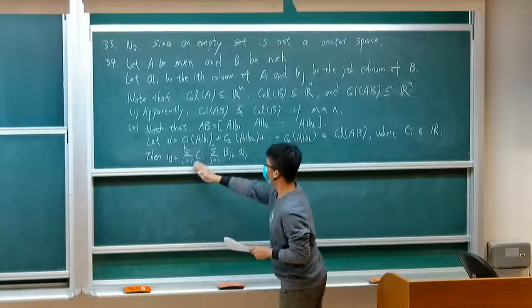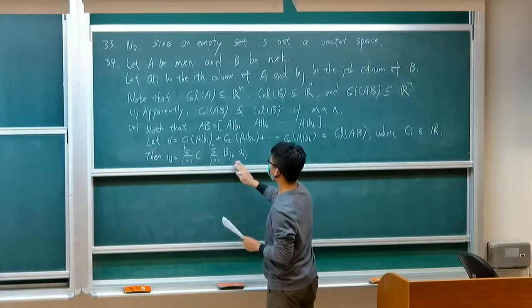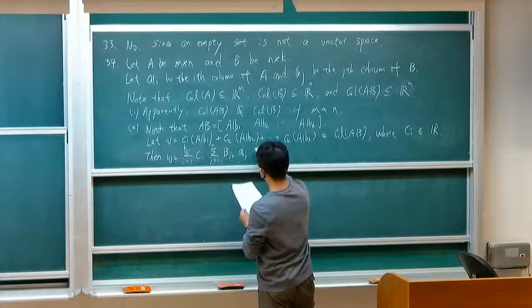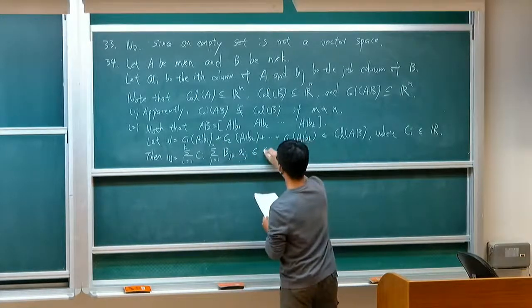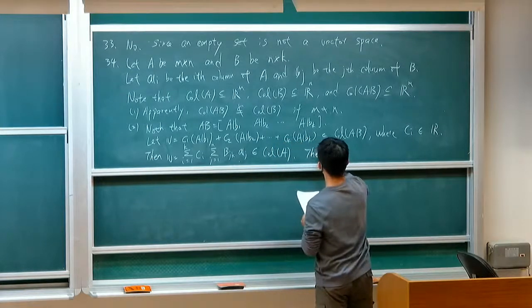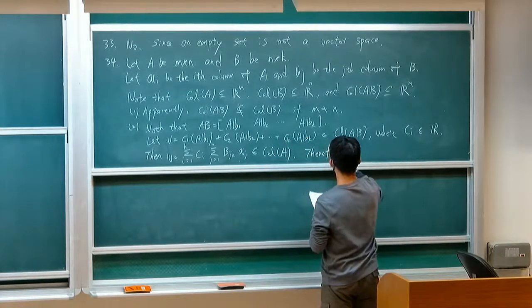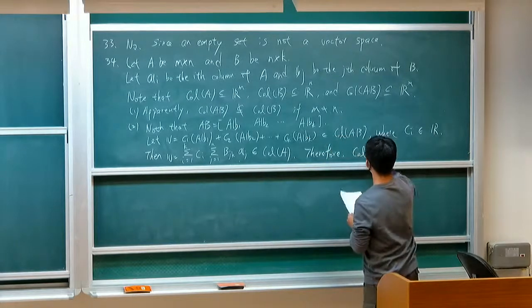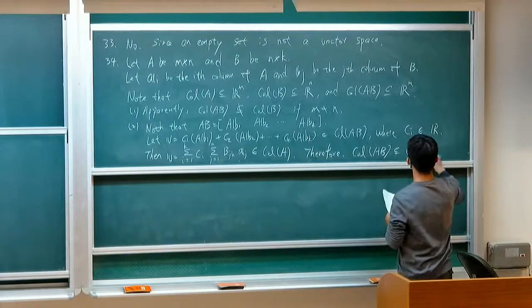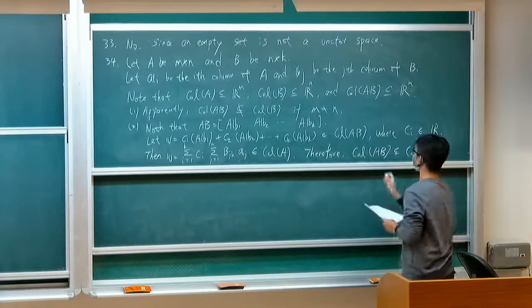And since this is a linear combination of the columns of A, it's an element of the column space of A. Therefore, the column space of AB is a subset of the column space of A.